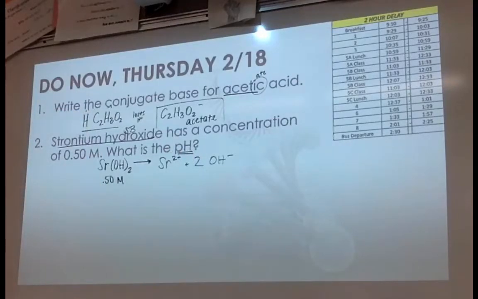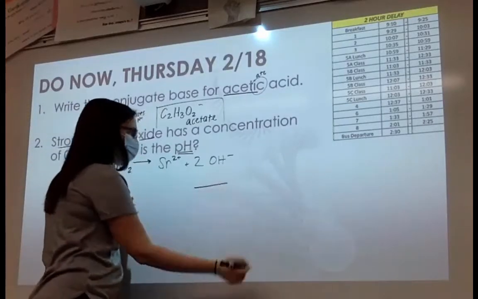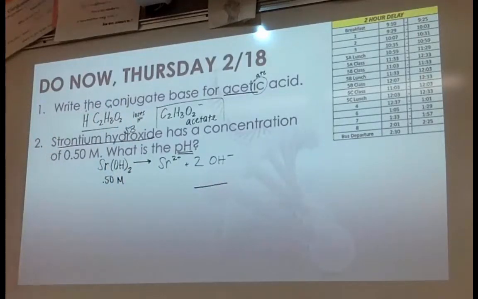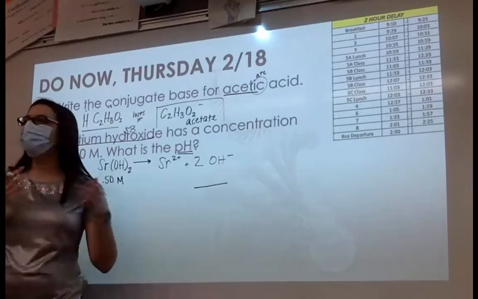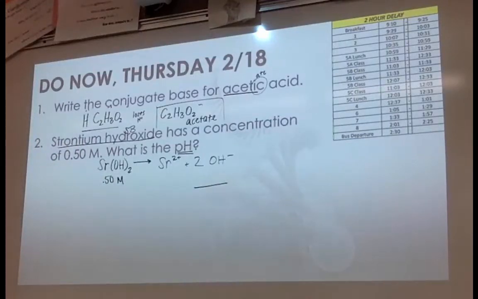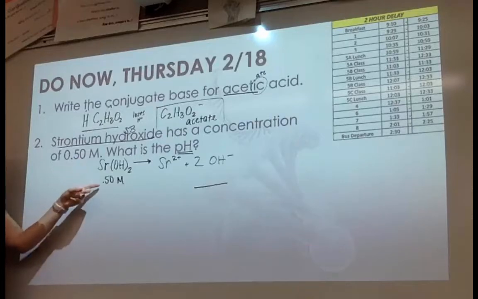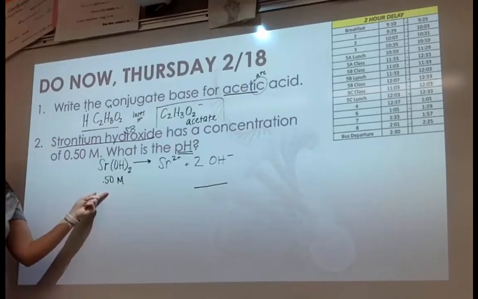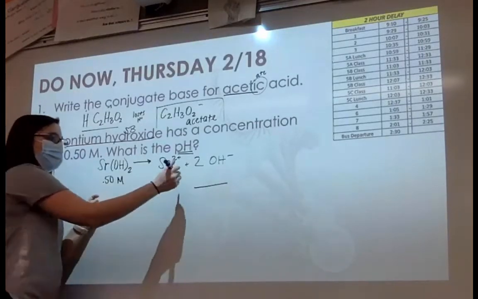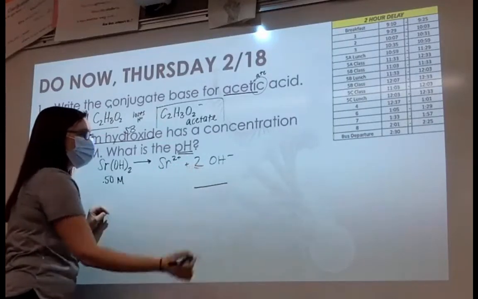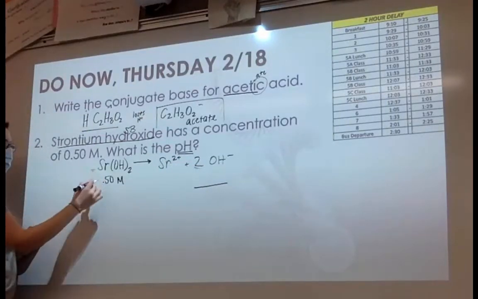Based on what I see here, I might be able to do something with the OH minus. So I'm going to figure out how much OH minus I have, and then I can manipulate from there. Here's where this equation is really important, because if I have 0.5 molar strontium hydroxide, notice how we have twice as much OH minus.